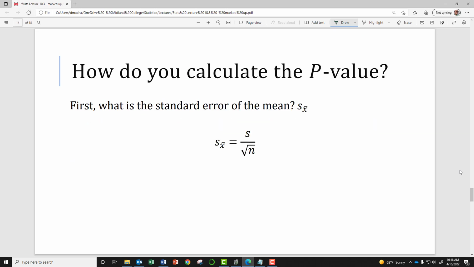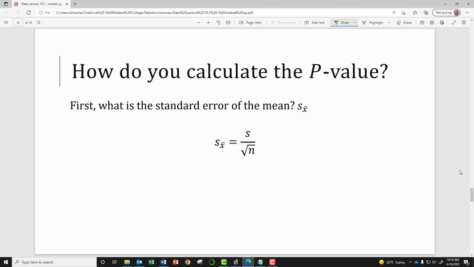First, we calculate the standard error of the mean. So remember, this is the standard deviation of the distribution of my sample mean, or at least this is our best estimate. This is our statistic that estimates that parameter. In any case, this is just the underlying standard deviation, which we can calculate from our sample, divided by the square root of the sample size.